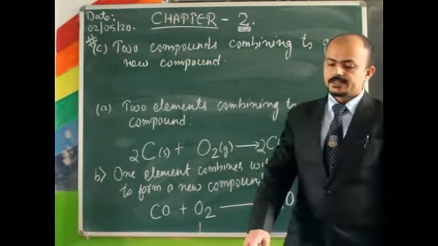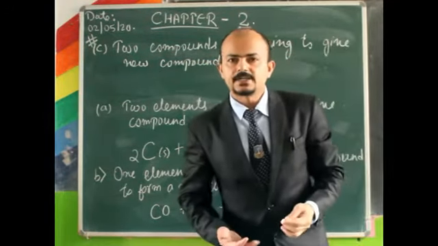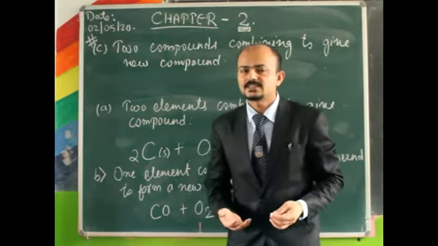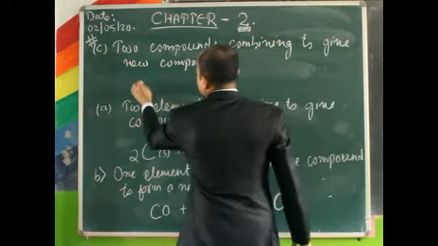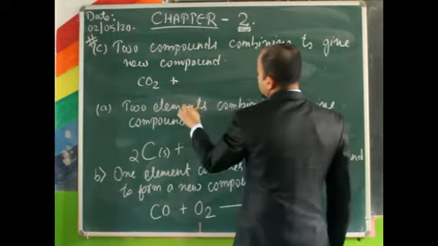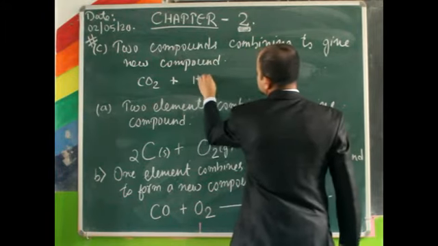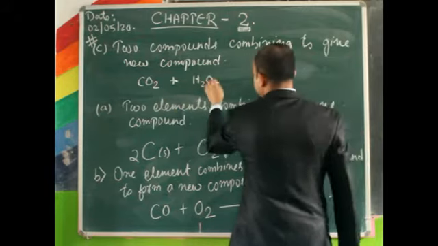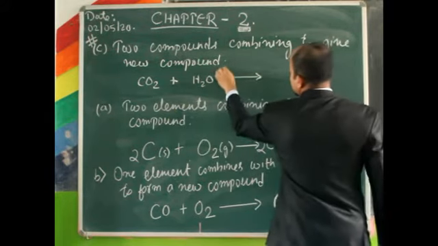Here the example is a very common phenomenon, that is photosynthesis. In photosynthesis, what happens? Carbon dioxide, which is a compound, combines with water. This is also a compound. So this is one compound, another compound. They are combining in presence of sunlight.